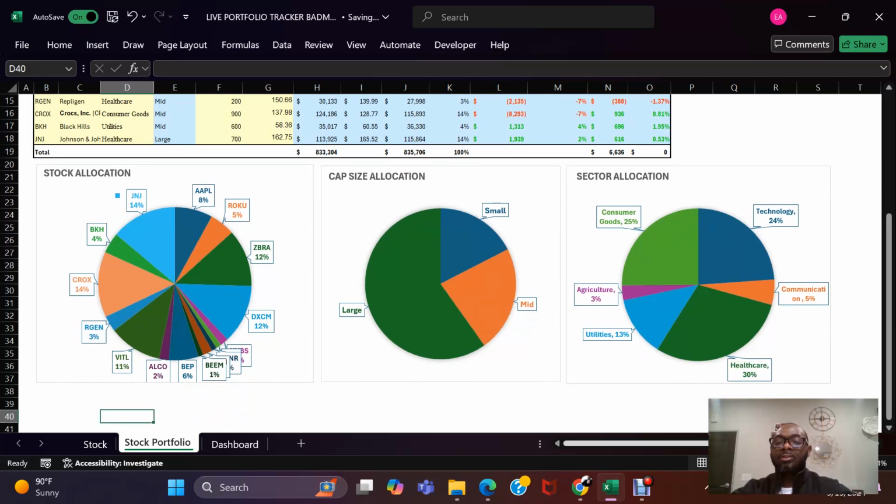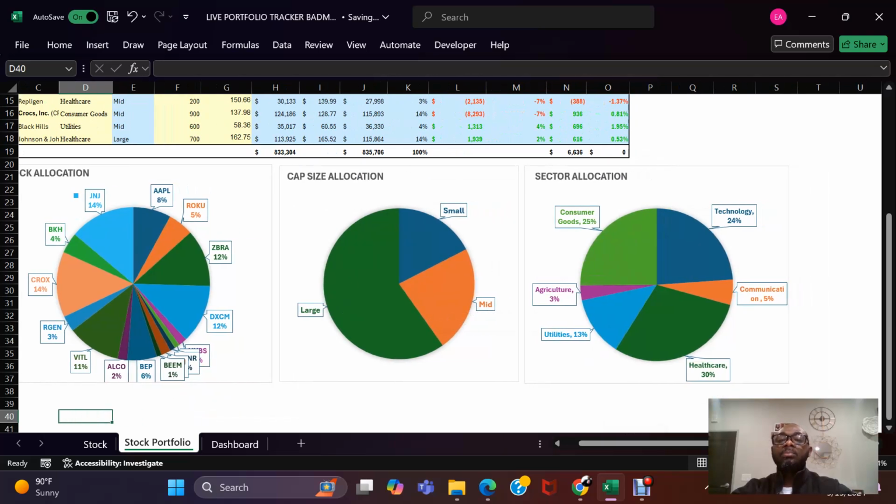Then we go to sector by sector allocation. The chart is showing us that we have 25% of our total allocation in the consumer goods sector. We have 3% in agriculture, 13% allocated into utility, 30% in healthcare, communication is 5%, and technology is 24%.